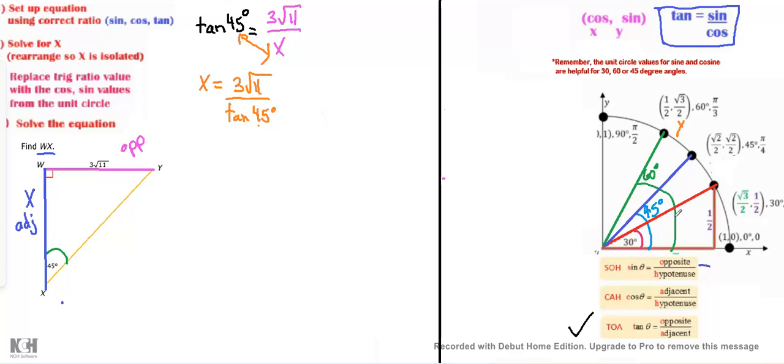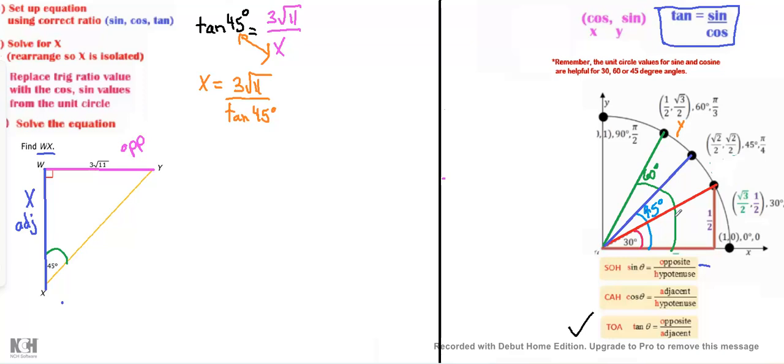Step number 3, replace the trig ratio, this tangent of the 45-degree angle, with the precise value on the unit circle. If we're going over here, we're dealing with a 45-degree angle, which is the blue line right there.